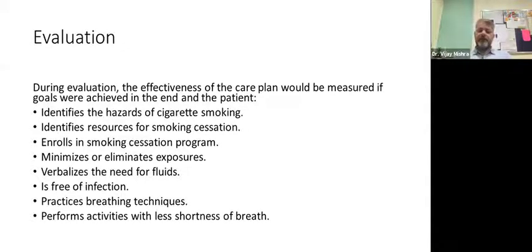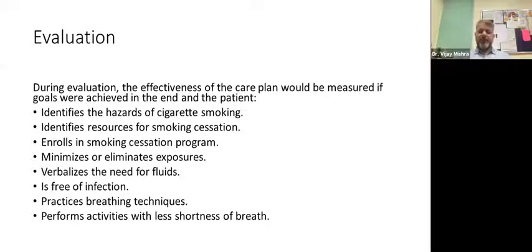The effectiveness of the care plan would be measured if the goals were achieved in the end, and the patient identifies the hazards of cigarette smoking. So the patient now understands the drawbacks of smoking, and identifies the resources of the family and the patient which can help them in a stop smoking program. If they're already home, the patient has already registered himself in the stop smoking program, minimizes or eliminates exposure, doesn't go to those areas.